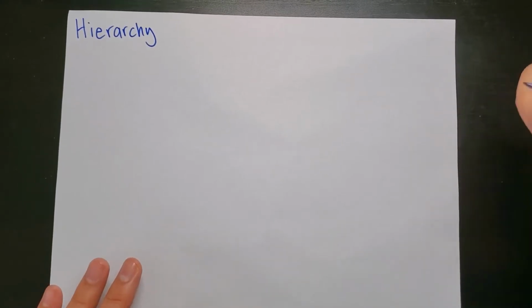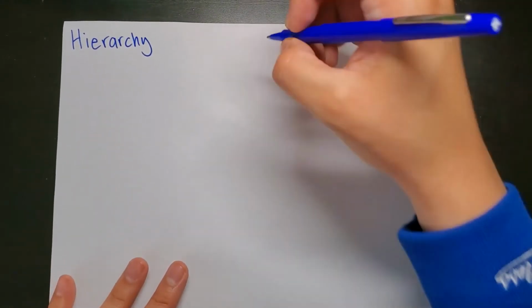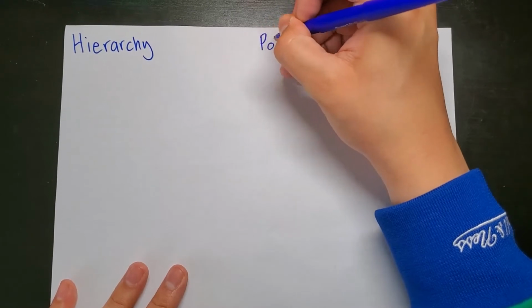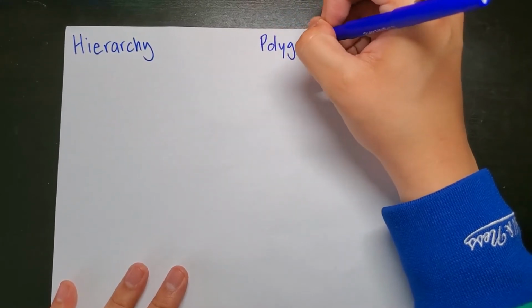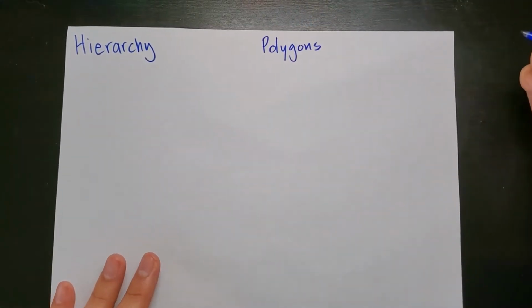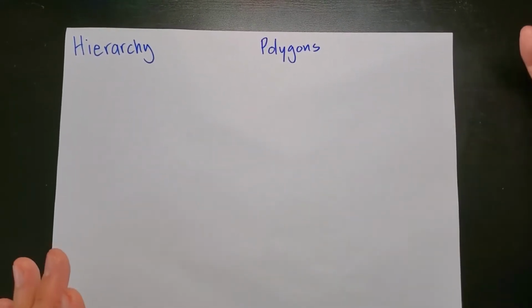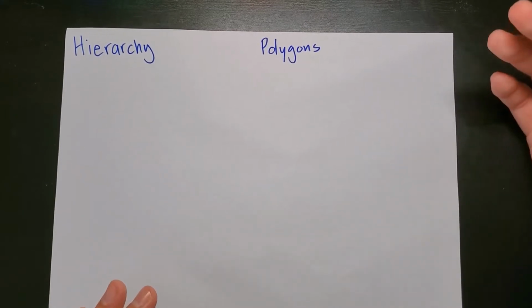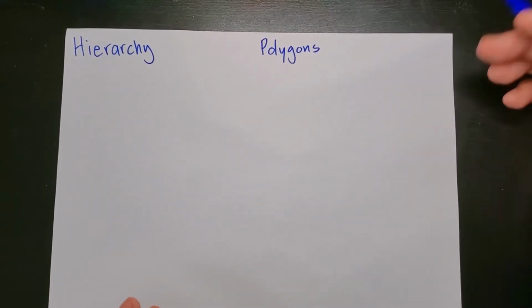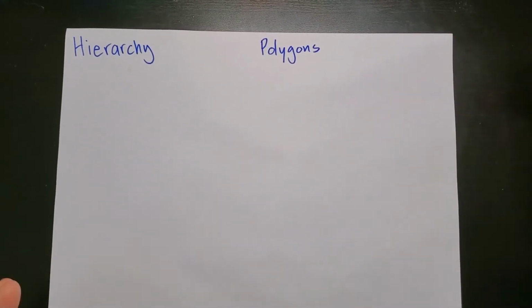One thing to remember is that all triangles are polygons. Triangles are a very specific type of polygon that has 3 sides. We know other polygons like quadrilaterals have 4 sides, pentagons have 5, hexagons have 6, and so on and so forth. So we're going to stay with triangles here.